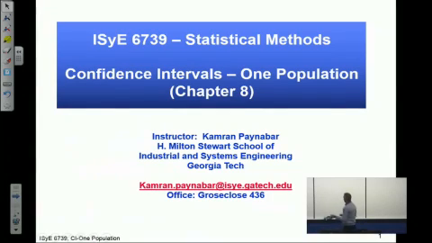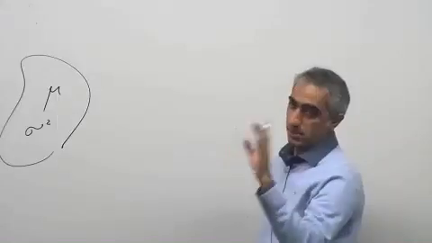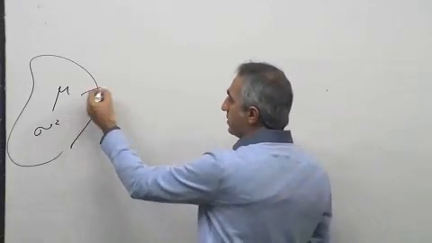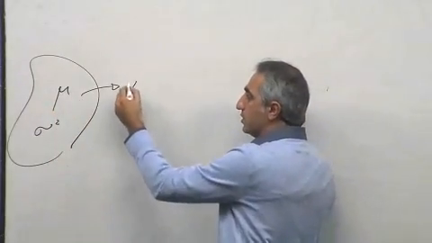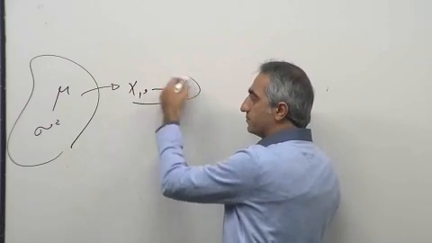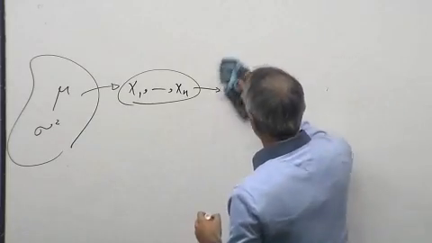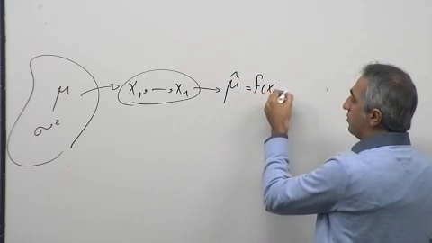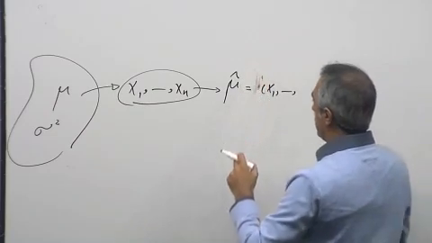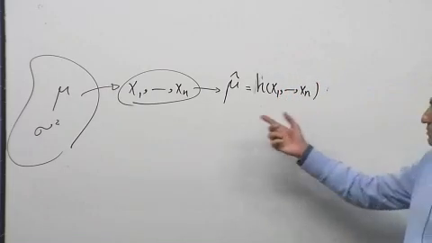Now, let's say we have a population again with two parameters, mu and sigma squared, which is mean and variance. Let's say a normal population. And we know that in reality, we don't know those values. That's why what we do is collect a sample, then define an estimator, in this case mu hat, which is a function, let me use h for this, of x1 to xn, to estimate mu.